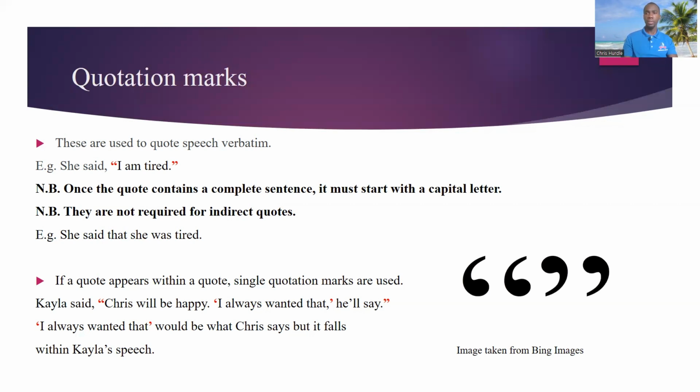So this entire statement was said by Kayla, but "I always wanted that" would be a quote from Chris, but it falls within Kayla's speech, so it has to go in single quotation marks, right?